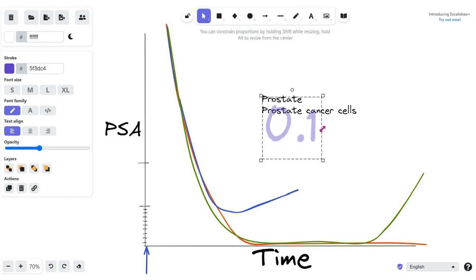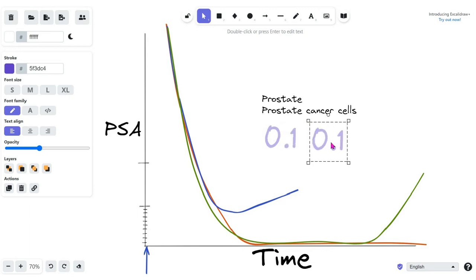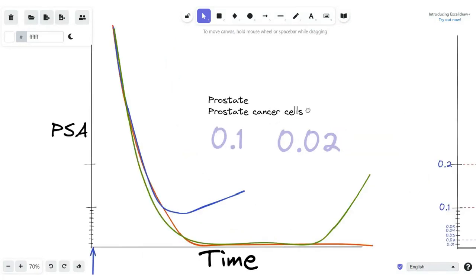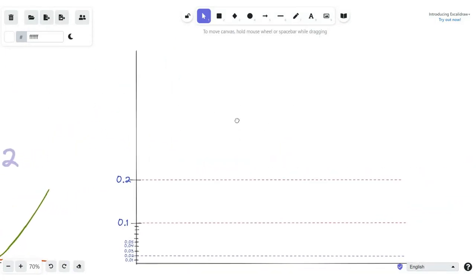Or sometimes the doctors can get an ultra-sensitive PSA, and the threshold varies, but whatever it is, it's going to go out to 2 decimal places. So something like 0.02. And that's what we can look at in this graph over here.